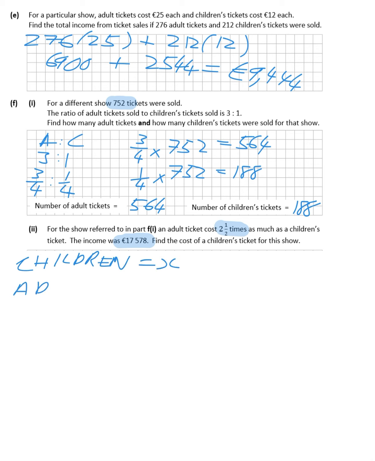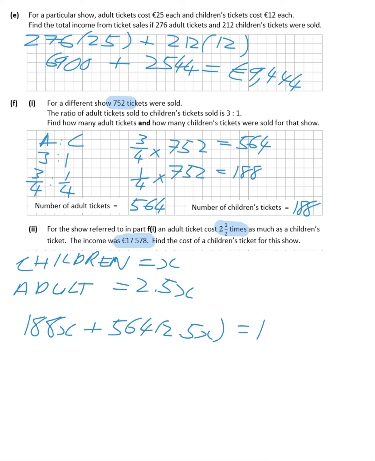And the adult's one, if it's 2.5 times, 2.5x. And so we're going to use the answers we just got in F part 1. So the adult's tickets is 564, and the children's is 188. So for the children, we'll have 188 times x, plus now the adults, which is 564 times 2.5x, and this will equal 17,578.